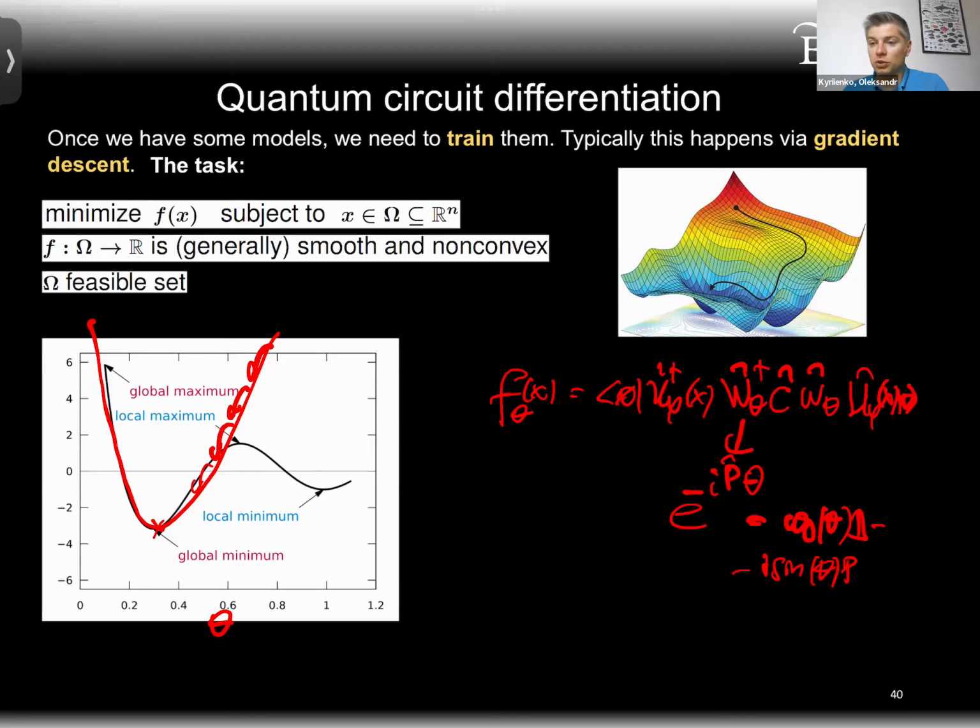And because you don't have a linear function of theta, but you have sines and cosines, you will quickly see that there is no way you could have only a positive second order derivative for your loss function.